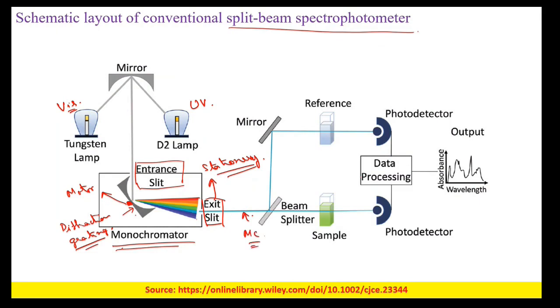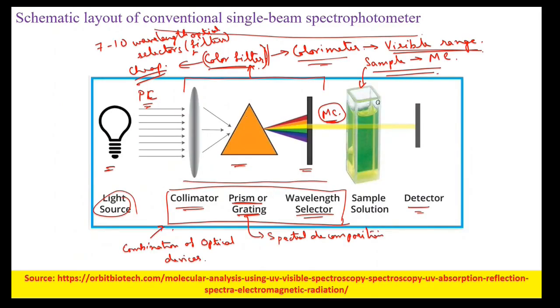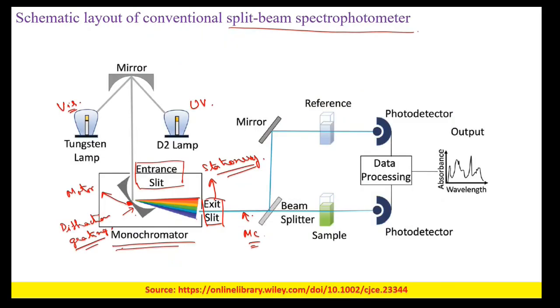Another important thing. If you see over here, in both the cases, the conventional single beam spectrophotometer or the split beam spectrophotometer, we need a large number of motorized systems. If you look over here, we need a couple of detectors and the arrangement is quite complex.